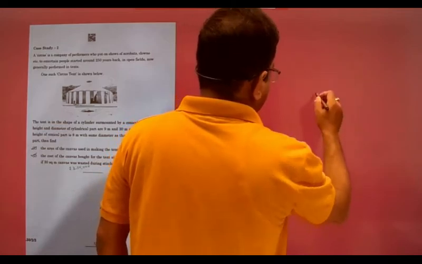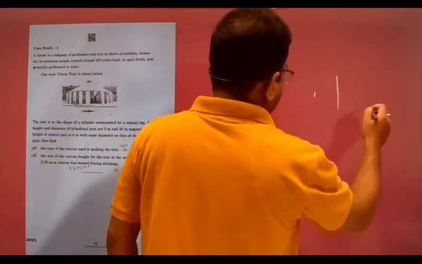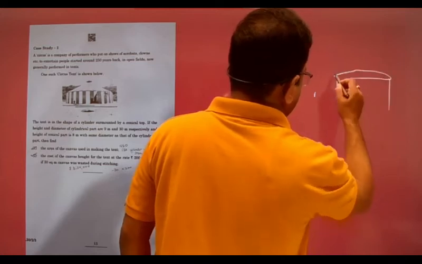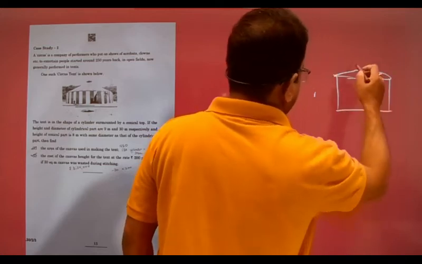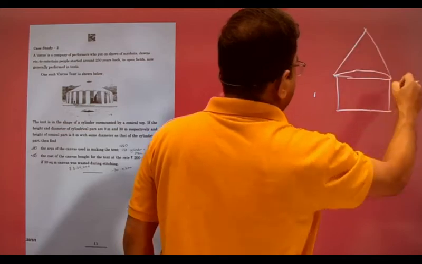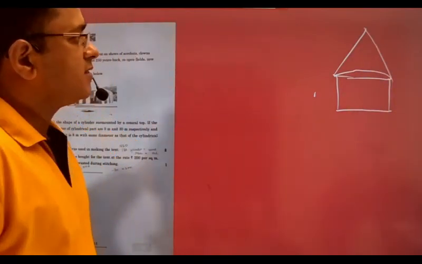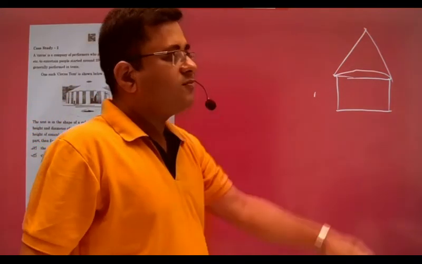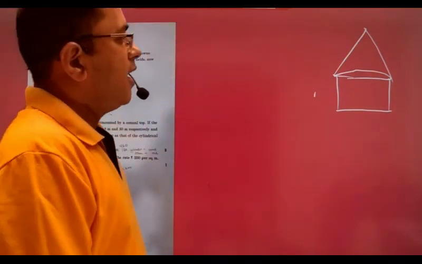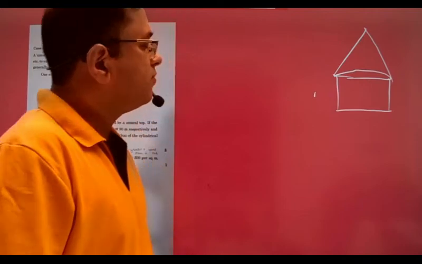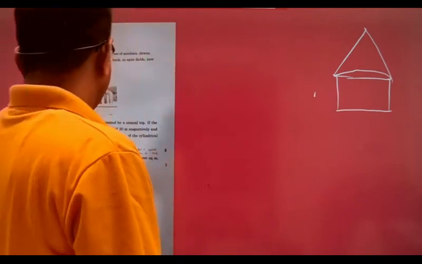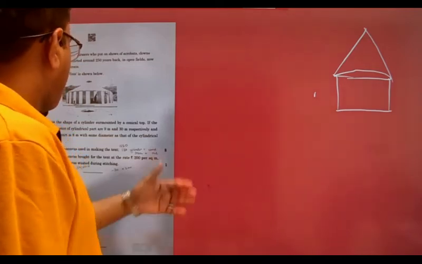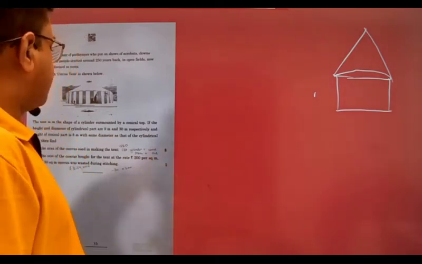So this is the tent. The upper part is of conical shape and the lower part is of cylindrical shape. The dimensions of both the top and the lower part are given.